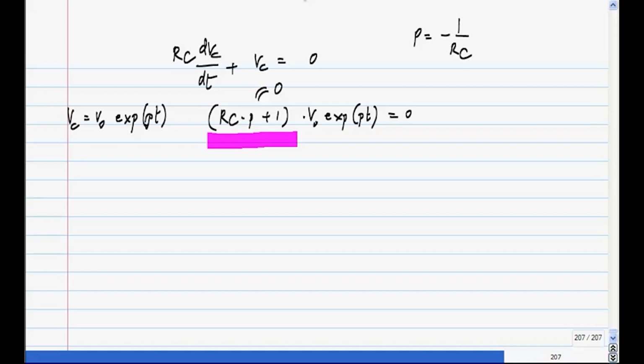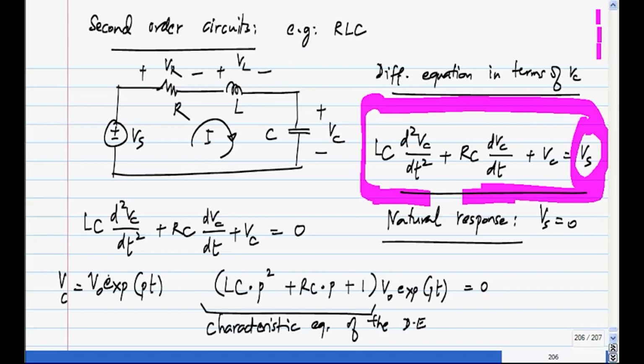What are the dimensions of P? Frequency, right? Exponential Pt, the argument of the exponential should be dimensionless, so P times T is dimensionless, P is frequency. Okay, so if you solve the characteristic equation, you get possible frequencies of the exponential. Okay, so similarly here you have a quadratic equation, you will get two solutions. Okay, and what are the solutions?